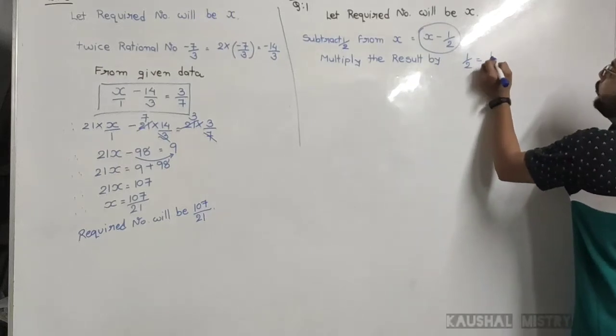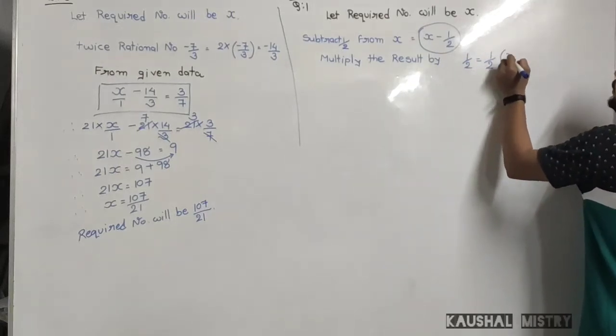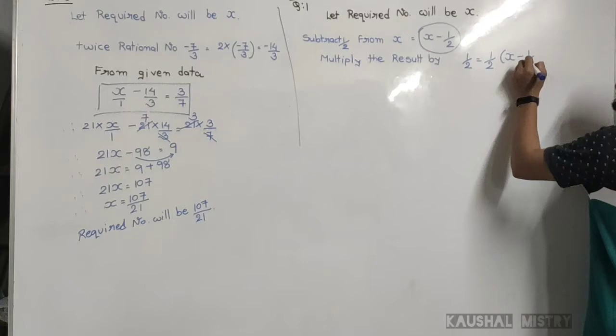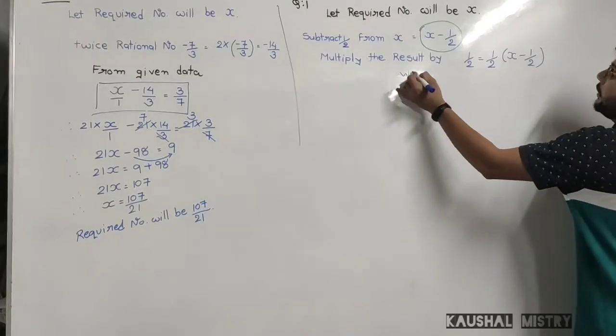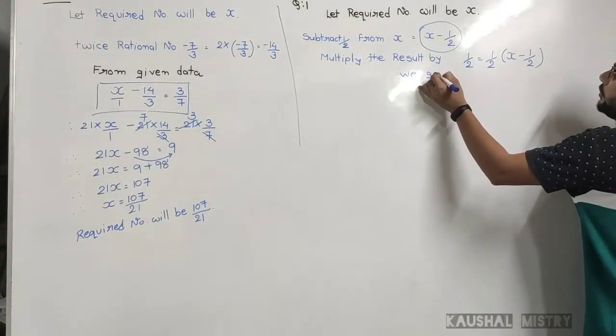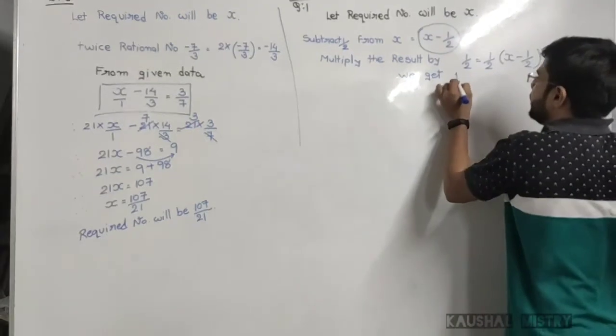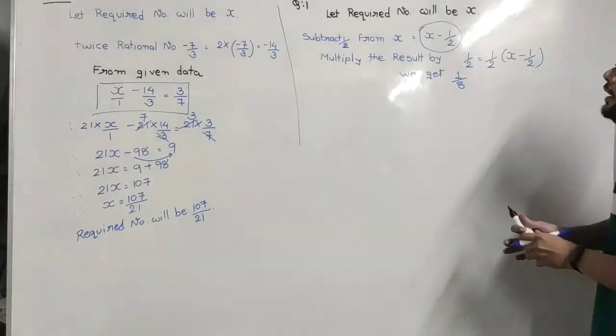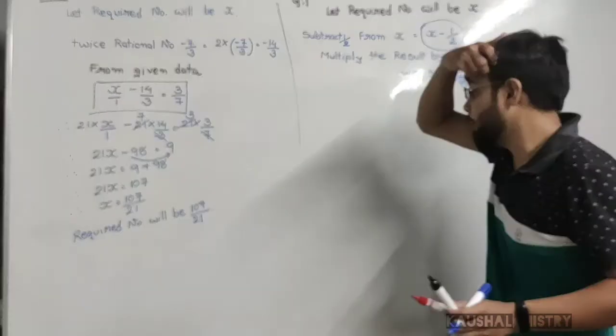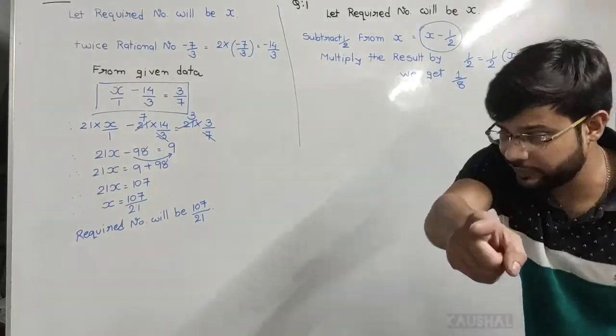So that is equal to 1 by 2 in the bracket x minus 1 by 2. And then we get 1 by 8. That means if we subtract 1 by 2 from a number, that number we have chosen x, right?